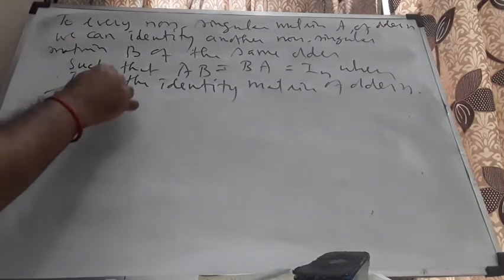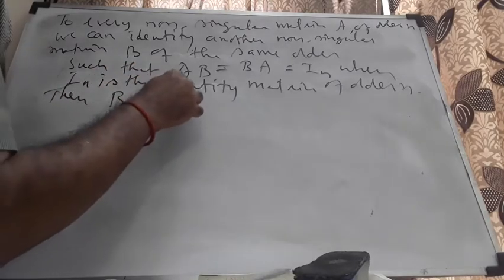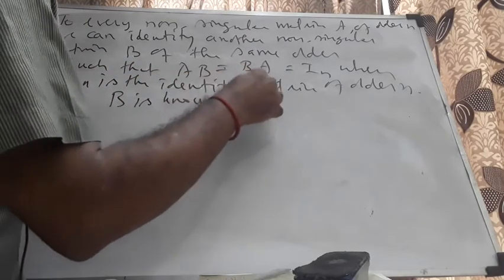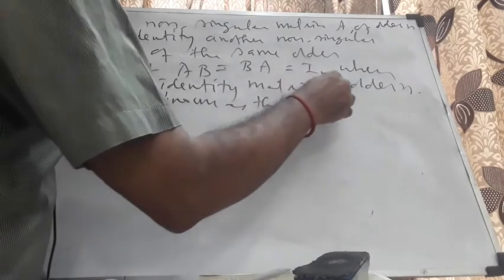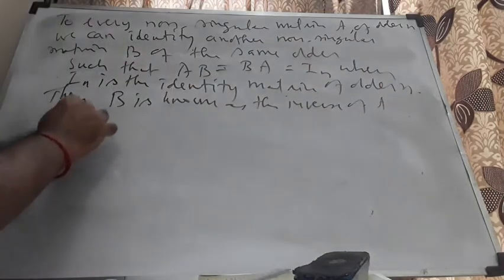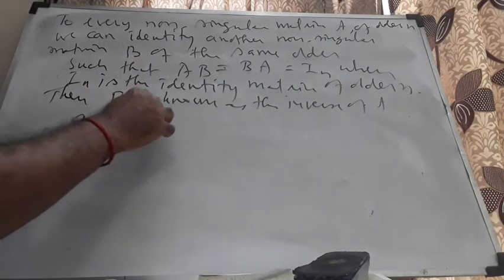Then B is known as the inverse of A, and vice versa.